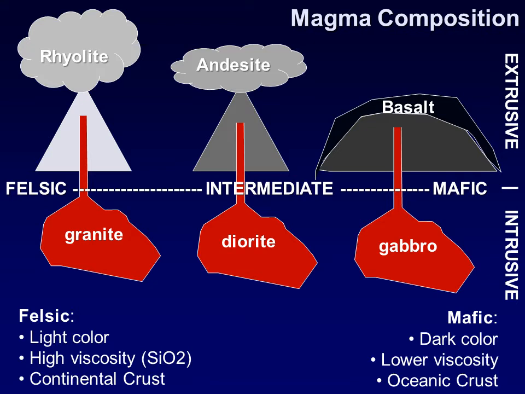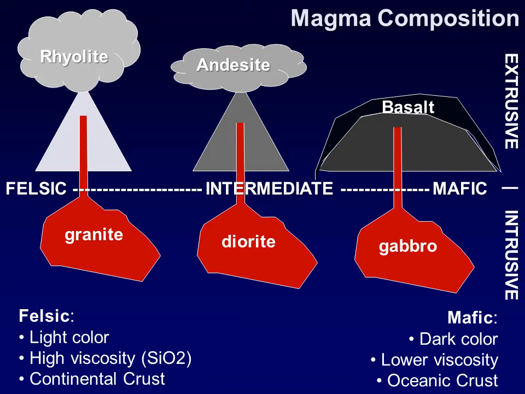So again, felsic and mafic are just terms that describe a magma composition, meaning what is it made up of, what is the recipe of minerals that makes it what it is. Okay, so you can think of felsic like the opposite of mafic, and in between those two we get what we call intermediate, which is just a mix of the two.